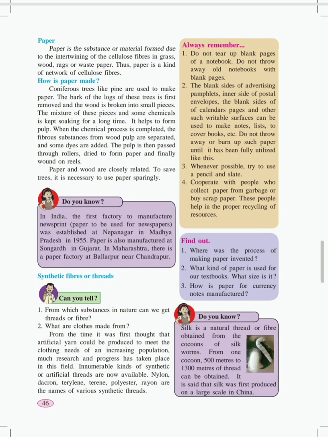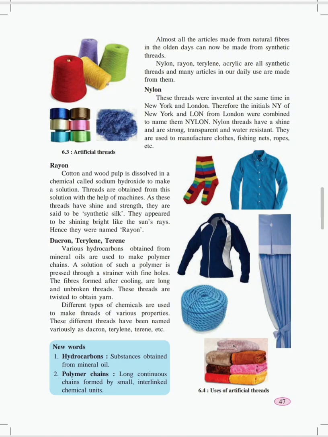Let's come to know about nylon. These threads were invented at the same time in New York and London. So in New York and London, the thread was first invented, at the same time. Therefore, the word nylon comes from N, New York, Y. N is the initial of New, Y is the initial of York, and London, Lon.